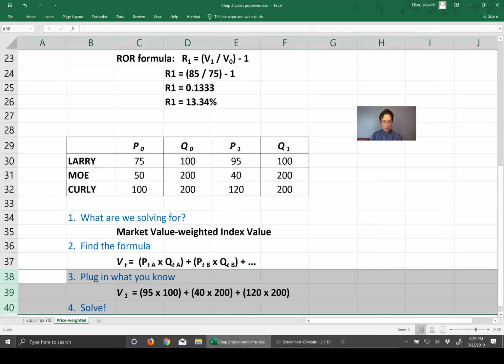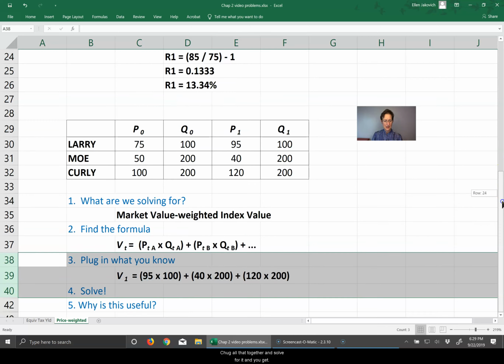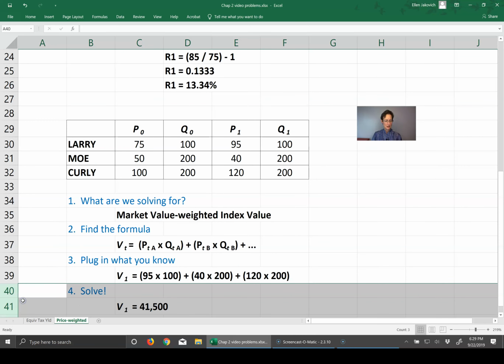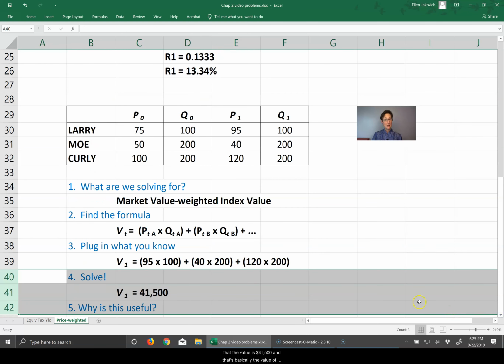So you chug all that together and solve for it, and you get that the value is $41,500. And that's basically the value of your portfolio of those 3 stocks in its entirety at time 1.